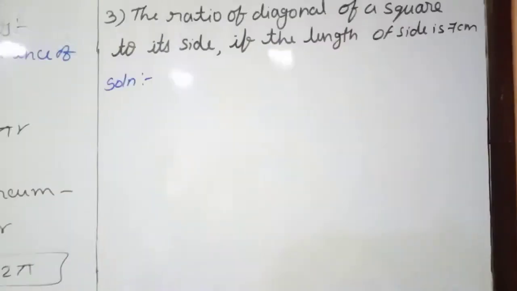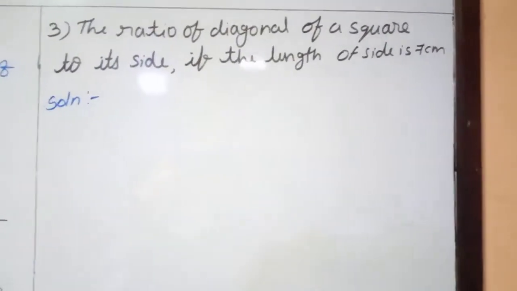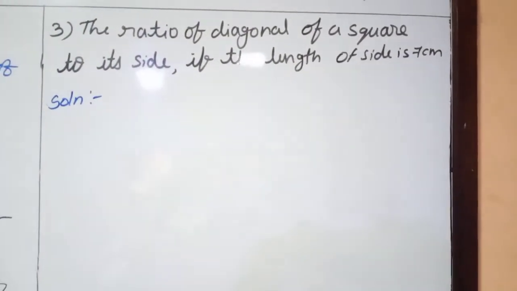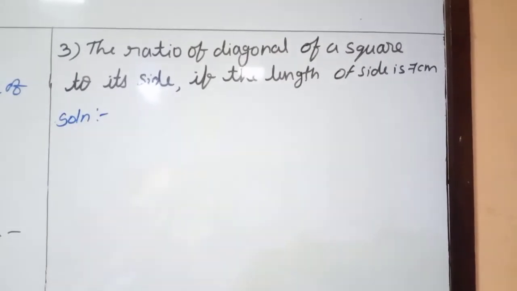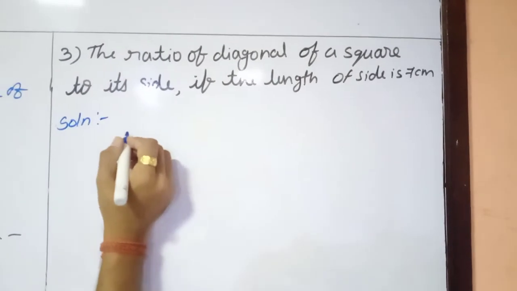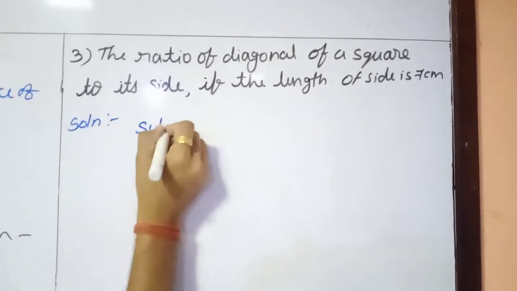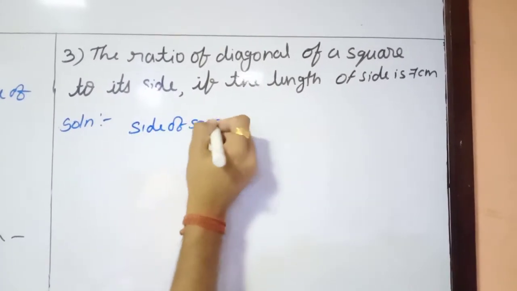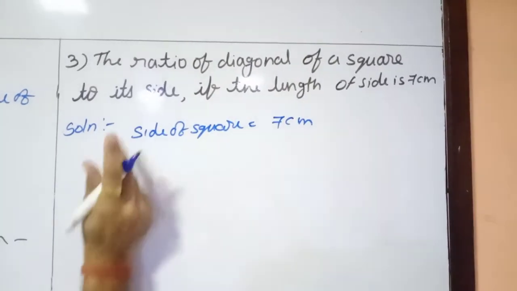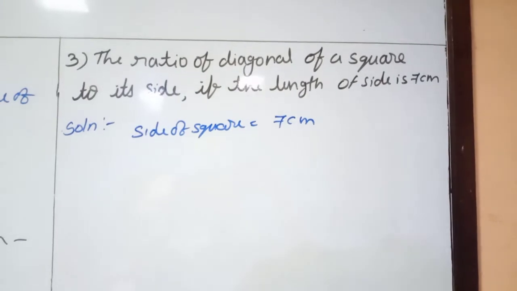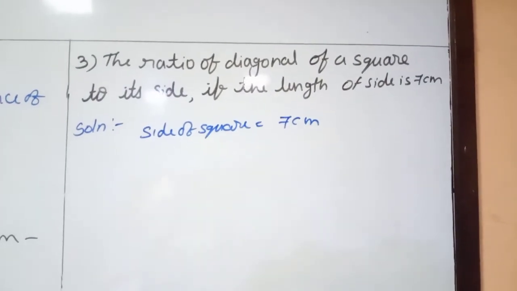Come to the third one. The ratio of diagonal of a square to its side, if the length of side is given as 7 cm. Let's start. Side of square is equal to 7 cm. And they are asking to find out the ratio of diagonal of square to its side.